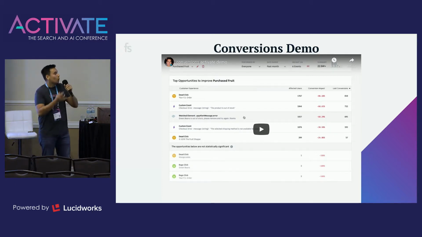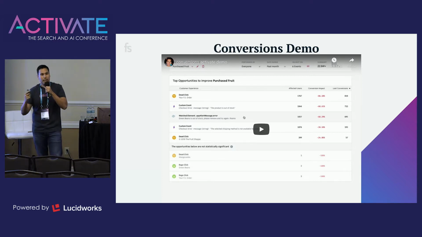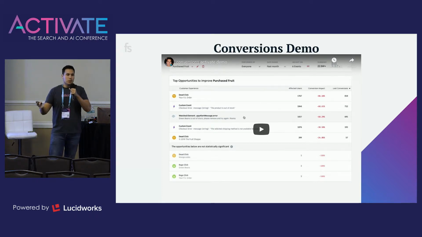So what is Conversions? Very briefly, if you have a website or an app or an application, there are probably workflows that you care about. In an e-commerce situation, the traditional e-commerce funnel, right? You add something to your cart, the checkout flow.